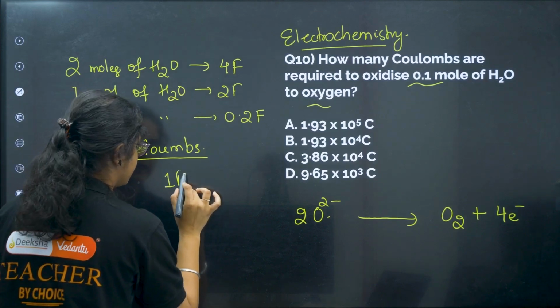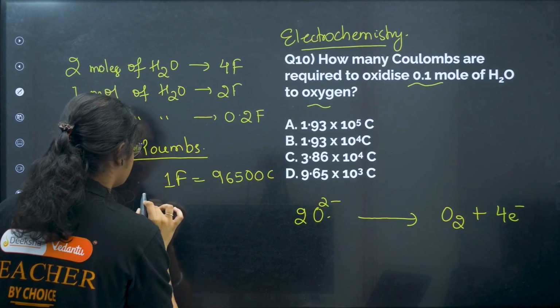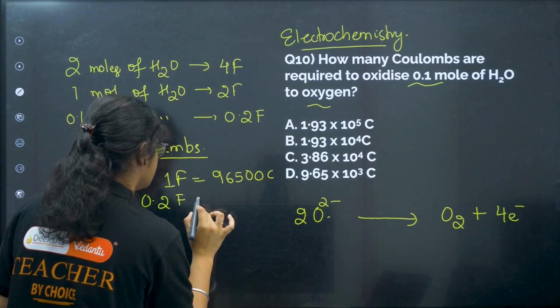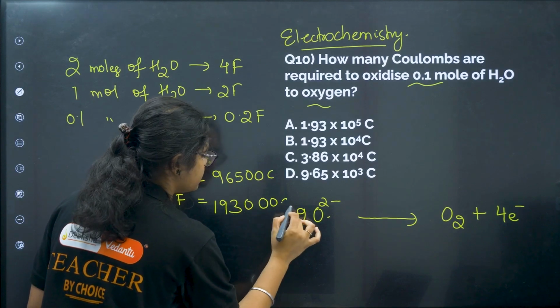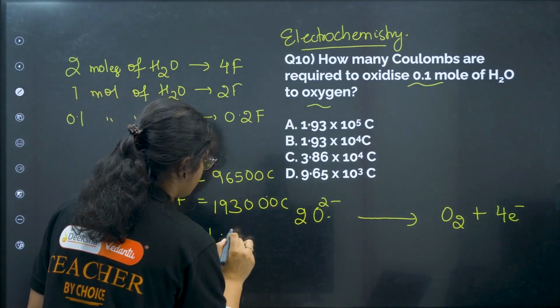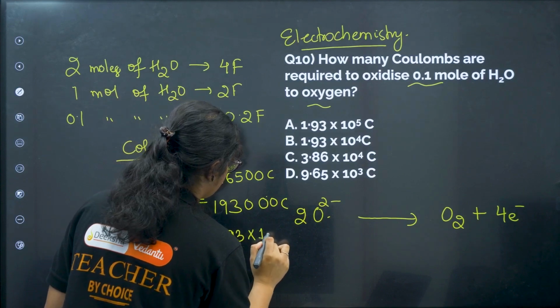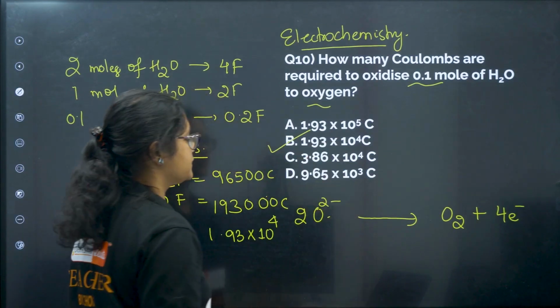We know that 1 Faraday is equal to 96500 coulombs. So 0.2 Faraday will be this into 0.2, so that is this much. So we'll have 1.93 into 10 to the power of 4. So the correct answer here is option number B.